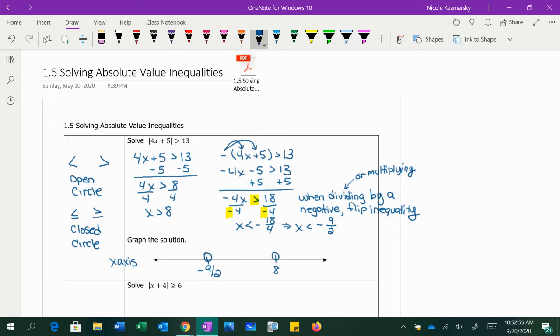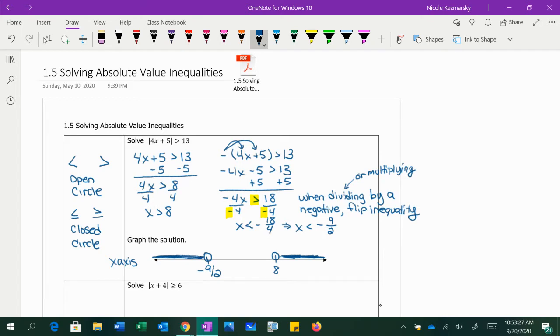And then the inequality is actually kind of acting like an arrow, and it's going to tell you which way to point. So because x is greater than 2 is like 3, 4, 5, 6, that's going to mean shading to the right. And for less than negative 9/2, well, less than negative 9/2 is like negative 100, and that's going to the left.